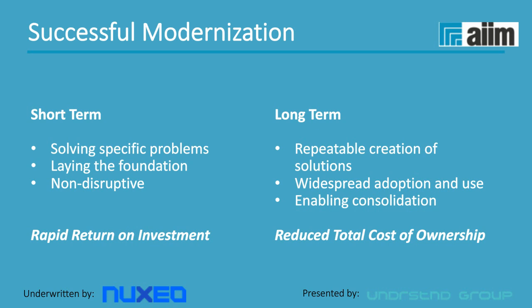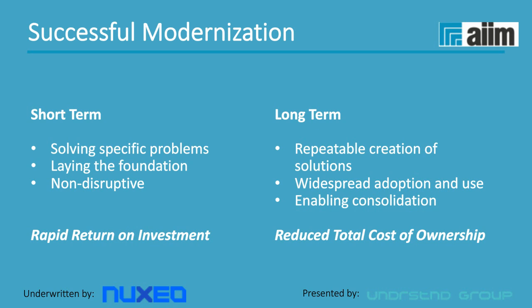I do also, however, want to highlight that modernization can also deliver significant long-term benefits and success, as well as the short-term ones. It can provide a repeatable way to create new solutions to business problems. And if it starts solving those real problems on a regular basis, then it can start to garner the widespread adoption and use across the organization that, quite frankly, some of the old school ECM tools really never achieved.